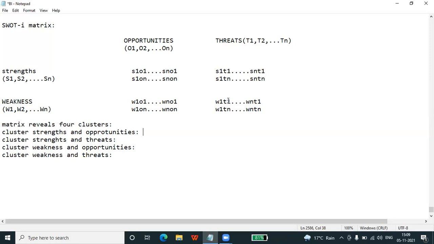Therefore, they have to look for a way to turn those weaknesses around. The cluster weaknesses and threats: there is no way that the organization can overcome the threats without having to make major changes.